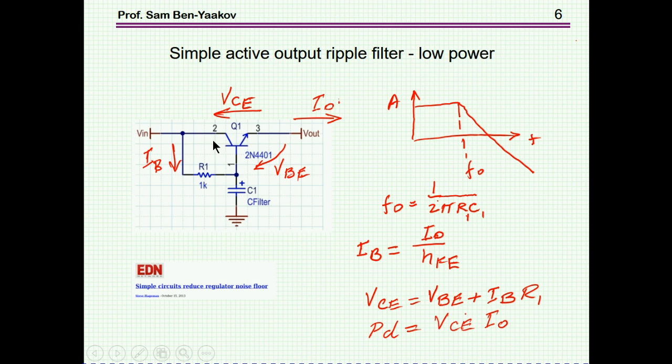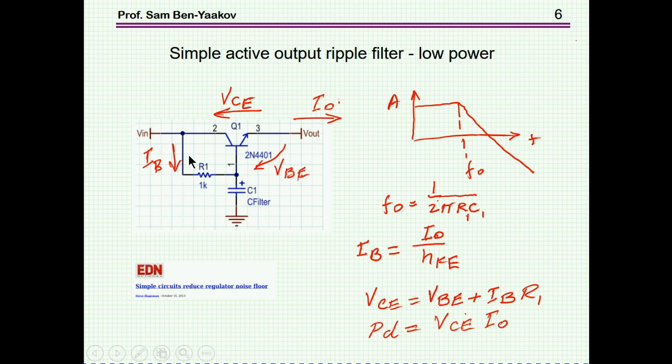This transistor has to pass DC current because we're talking about a regulator, a load that requires the current. It's the whole purpose here. So the base current is equal to the output current over HFE, large HFE, and as the current increases, IB will increase and the voltage drop on this resistor will be larger, so that VCE will be larger.